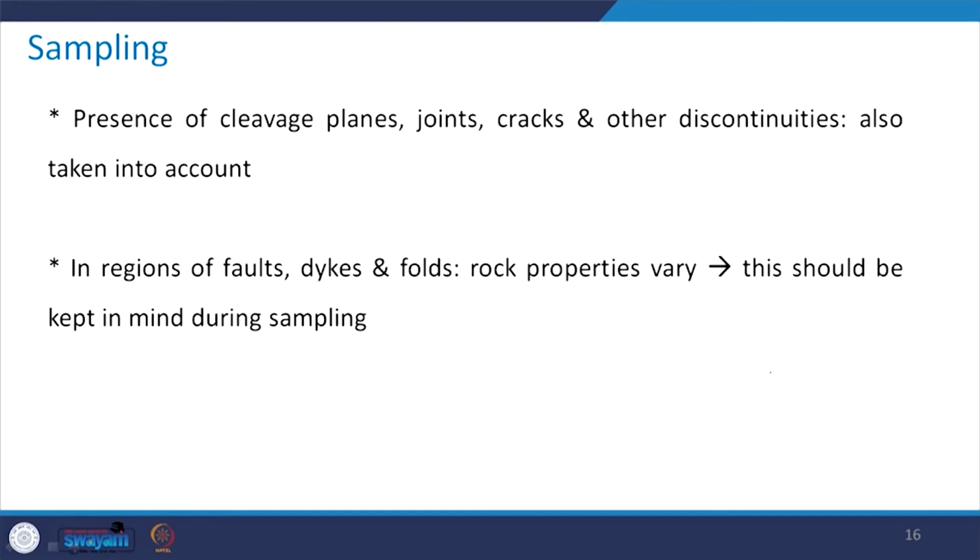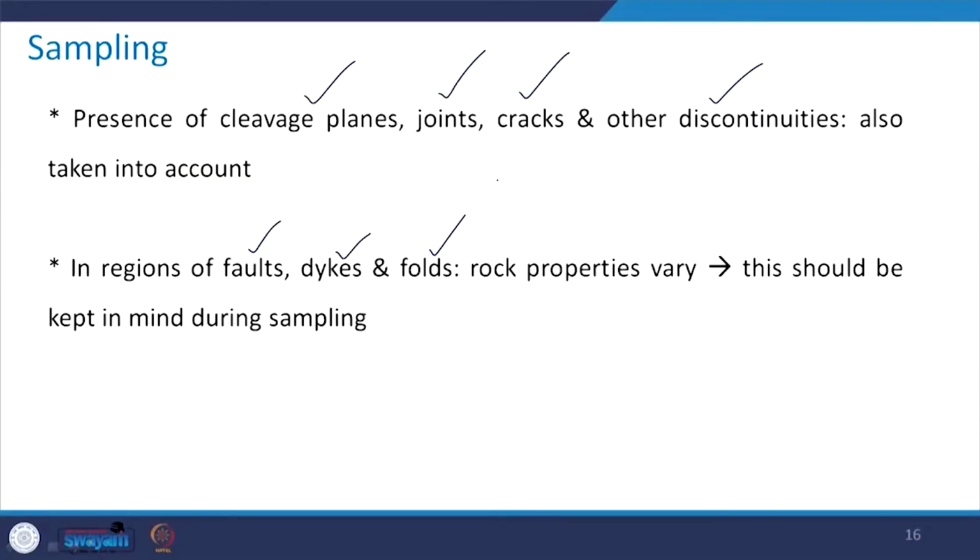Further, the presence of cleavage planes, joints, cracks and other discontinuities also should be taken into account. The regions of faults, dikes and folds where the rock properties vary significantly should also be kept in mind during the sampling process.